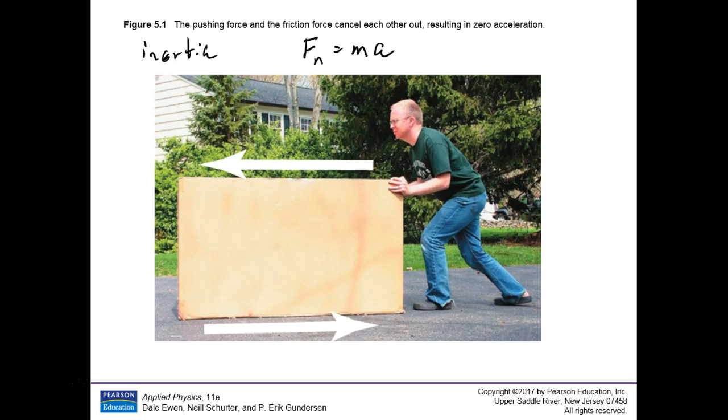If there is an unbalanced force, net force, then the body is going to, what did we say before? An object at rest will stay at rest, or an object in motion will stay at constant velocity. That's the first law, unless there's an unbalanced force. If there is an unbalanced force, then it's not going to stay at a constant velocity. And if it's not at a constant velocity, what does it have?